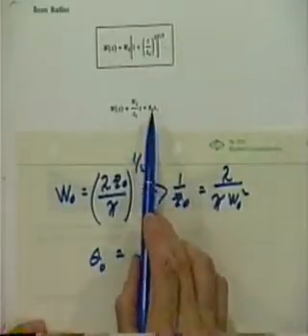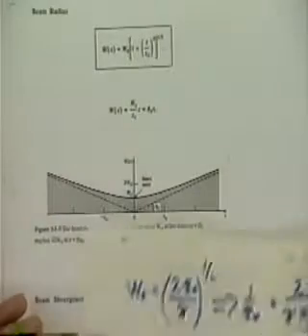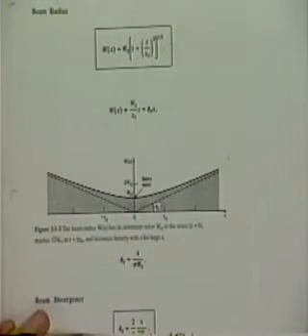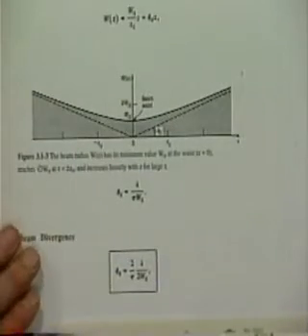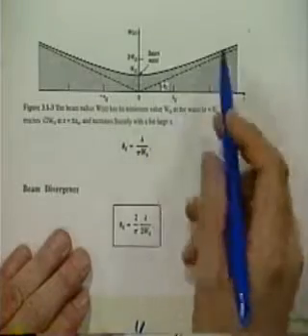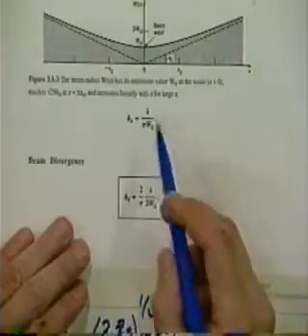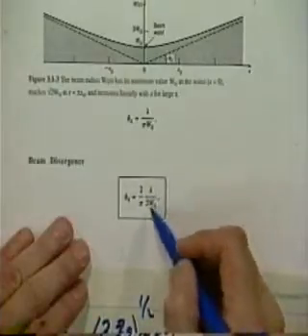Theta naught here just is w naught over z naught. So the beam divergence here is lambda over pi w naught. And if we go in both directions here, then that would be 2 over pi lambda.